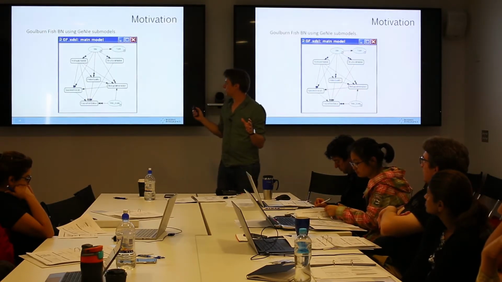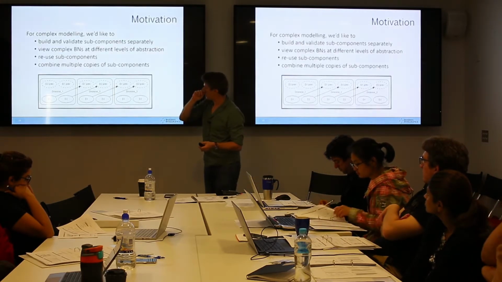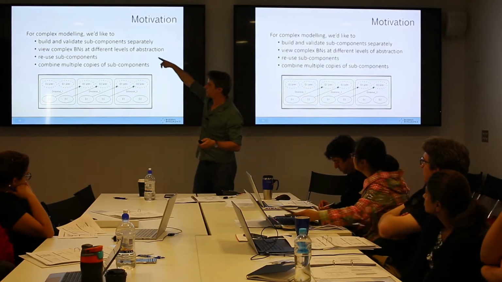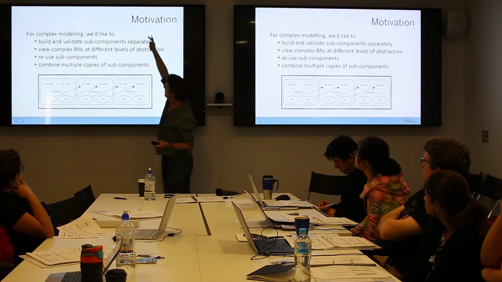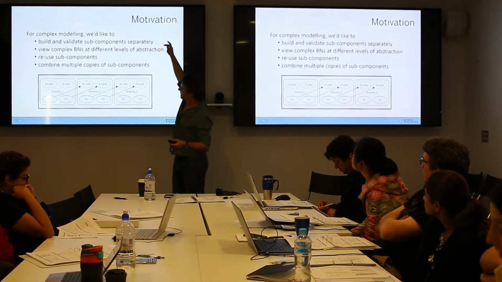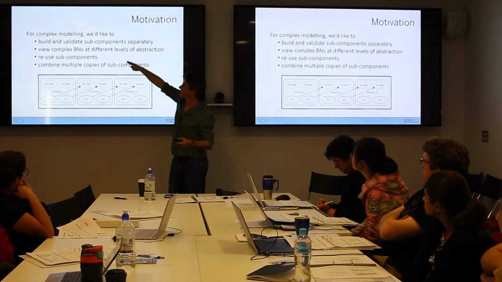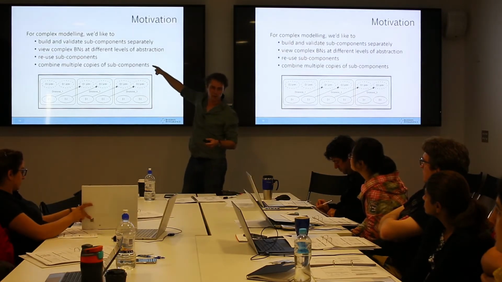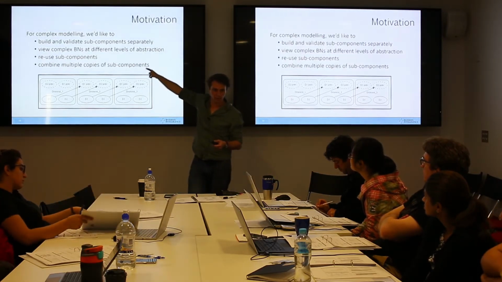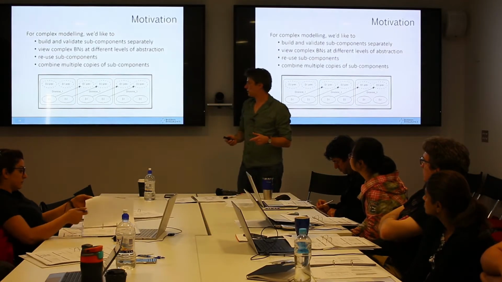Now, GeNIe is pretty good for most of these three parts to varying degrees. Certainly good for building, validating, and viewing. A little bit good, okay, for reusing subcomponents. Not very well supported for combining multiple copies.